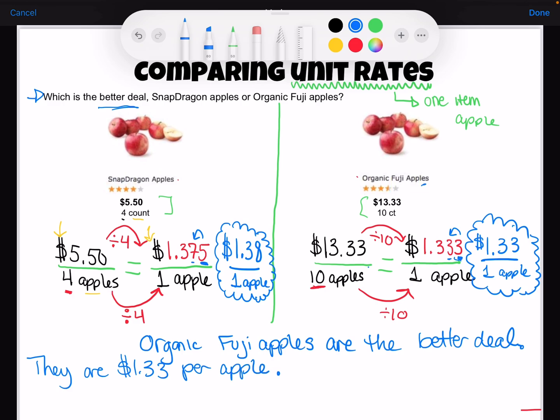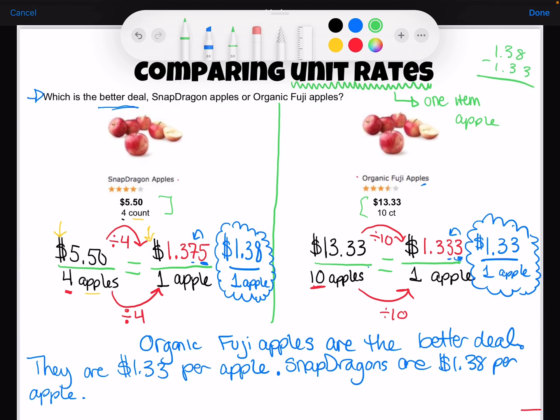And you can even say that Snapdragons are $1.38 per apple. Now, if you really want to take this to a great answer, you can even find the difference between the two. This goes back to learning outcome 4. We have $1.38 minus $1.33. Line up those decimals.